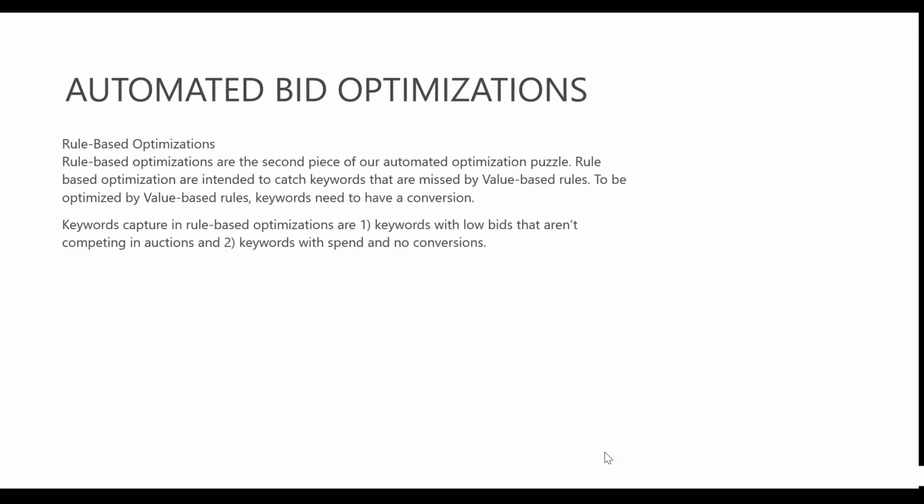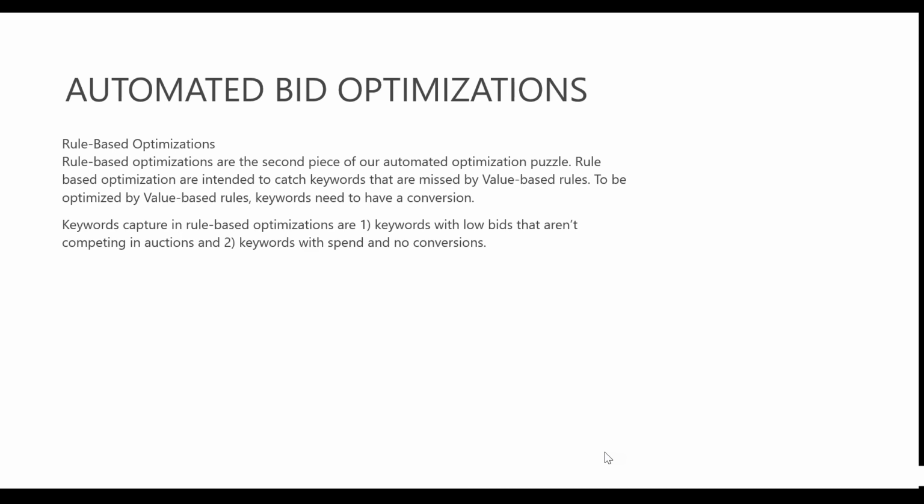Another rule type that's incorporated is going to be rule-based optimization. So this is going to be the second piece of our automated optimization puzzle. We've been refining this for over 4 years. We've done a lot of different testing. And so rule-based optimizations are intended to catch the keywords that are missed by those value-based rules, right? The value-based rules mean that you have to have a sale, a conversion rate, to be able to be optimized.